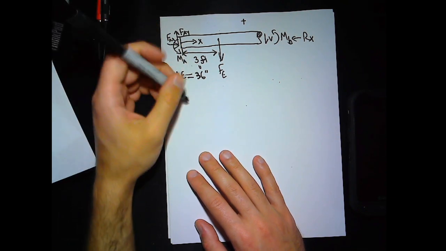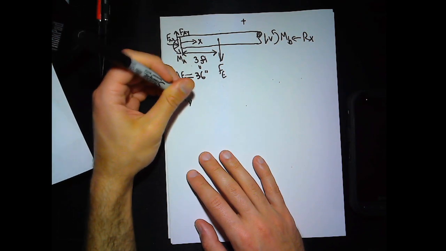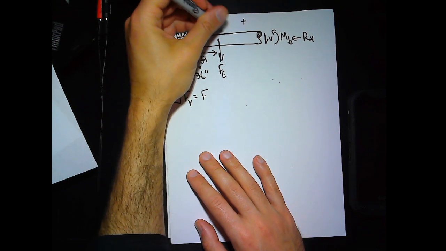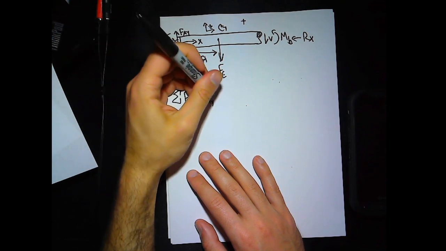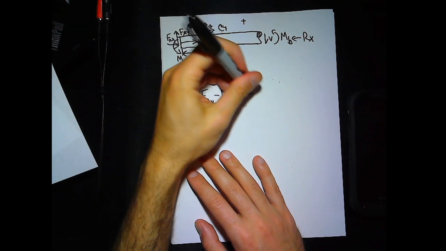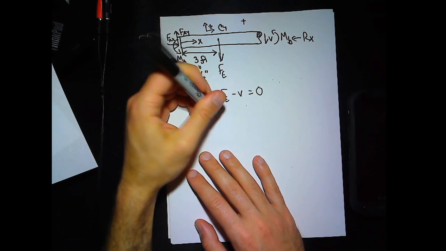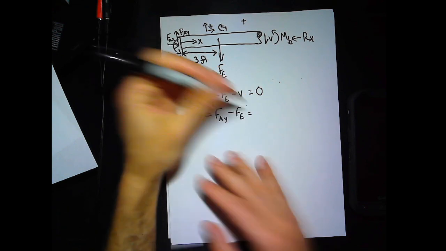All right, so where to go from here? Same gig as last time. So summation of forces in the Y. Got FAY. Make sure I got some positive directions here. That would help me out. FAY minus FE minus V equals 0. So my shear force equals FAY minus FE.